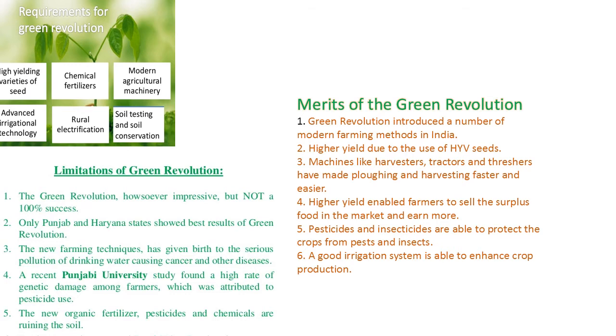High yield due to use of HYV seeds, machines like harvesters, tractors and threshers. They have made plowing and harvesting faster and easier. It also enabled farmers to sell the surplus food in the market and earn more. That is why their standard of living also increased and they became rich. Pesticides and insecticides are able to protect the crops from pests and insects. A good irrigation system is able to enhance crop production.